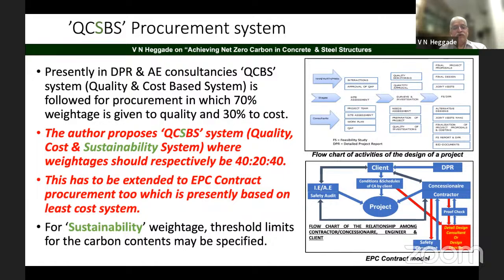We have to move into a quality, cost, and sustainability based system, where the weightages could be 40, 20, 40: 40 for the quality, only 20% for cost, and 40% for sustainability. In the tender documents itself, threshold limits of carbon dioxide emission to the environment could be specified. We'll have to move into that.